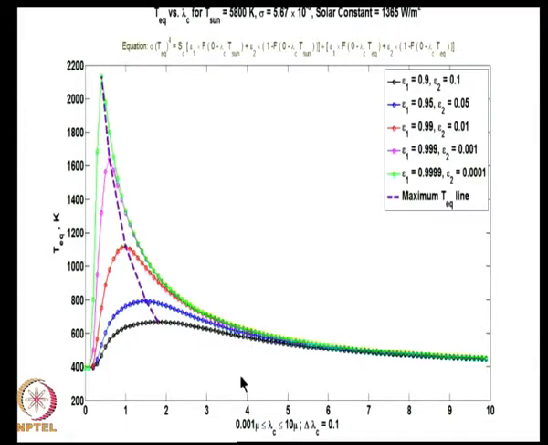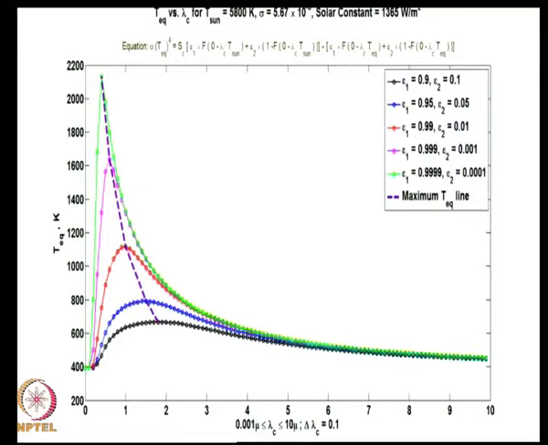So, you need to push the cutoff wavelength to lower wavelength, which ultimately will reduce the amount of solar radiation absorbed. If you go to too low a value, like less than a micron, then you can see temperature falls sharply, because you are not absorbing sufficient solar radiation in order to attain high temperature.